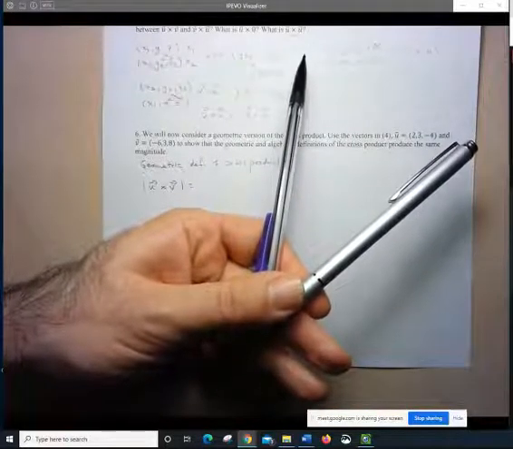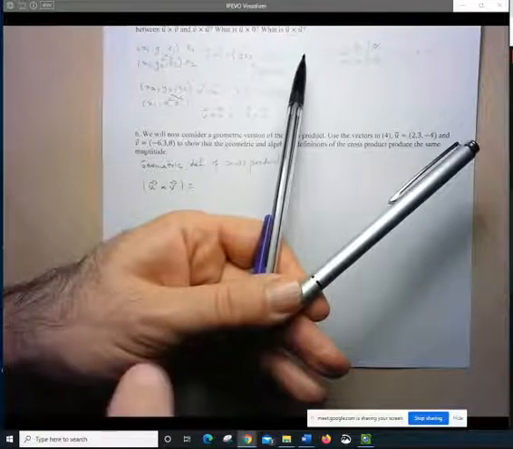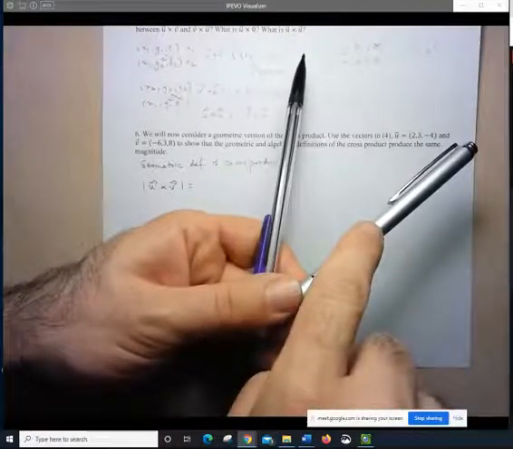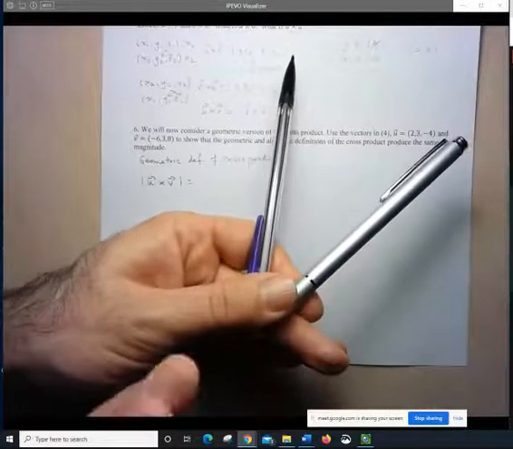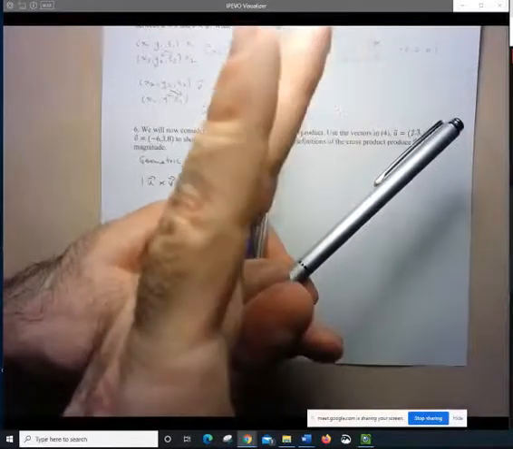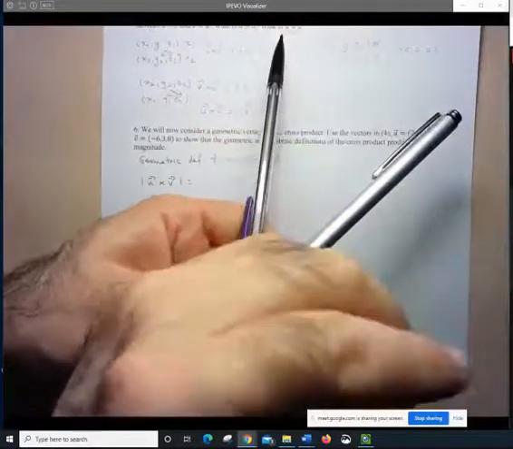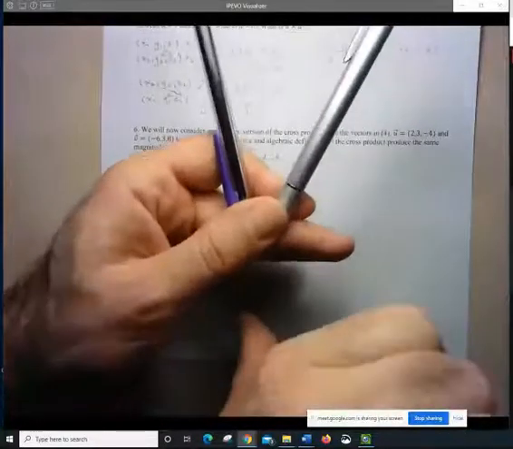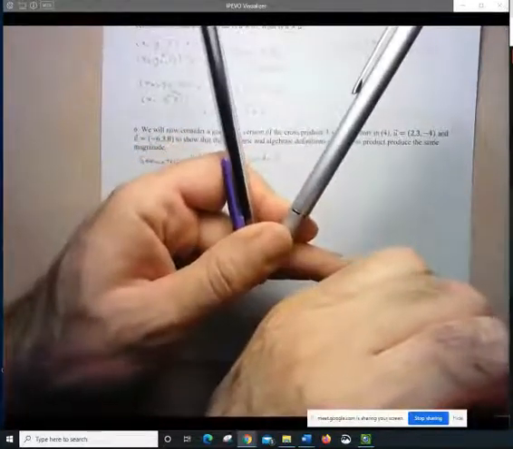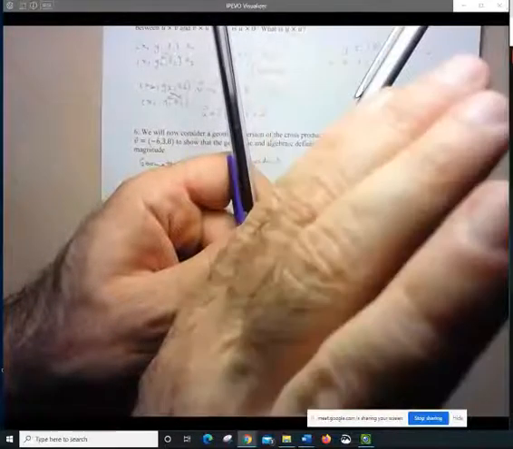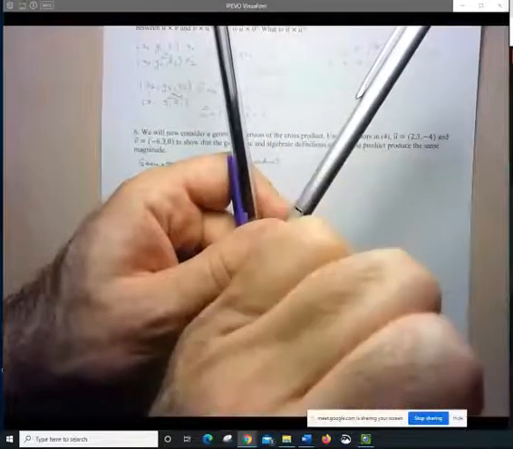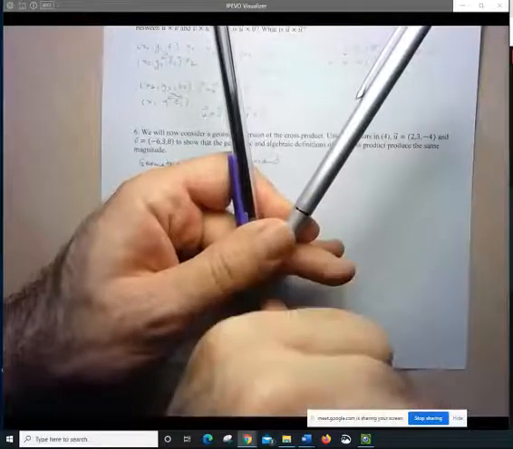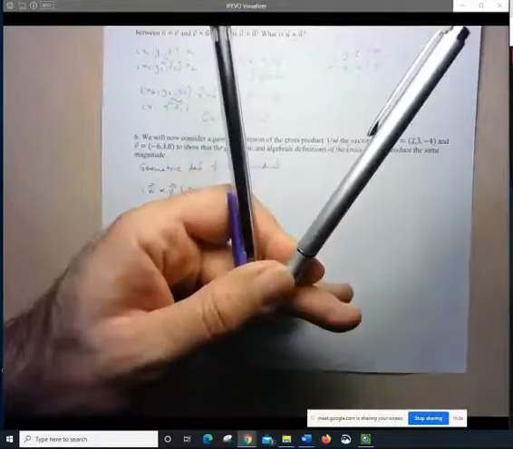But wait a minute, if we use that, what happens if we try to do v cross u? I put my fingers in the direction of v, curl them in the direction of u. Where is my thumb pointing now? Can't sort of see it, but if I go v u, you see my thumb is going to be pointing in the opposite direction.